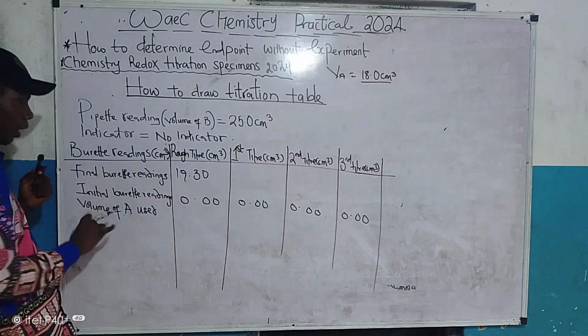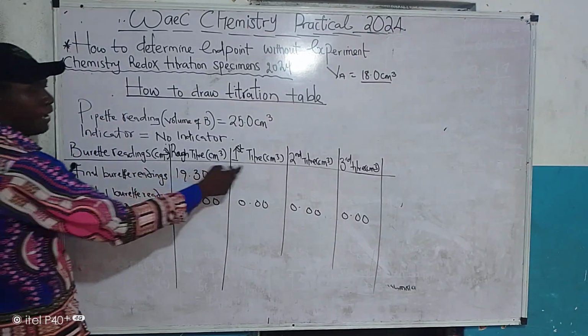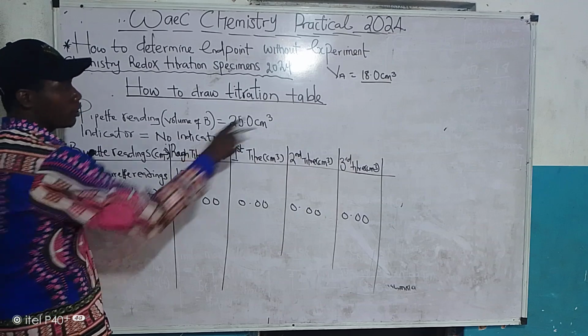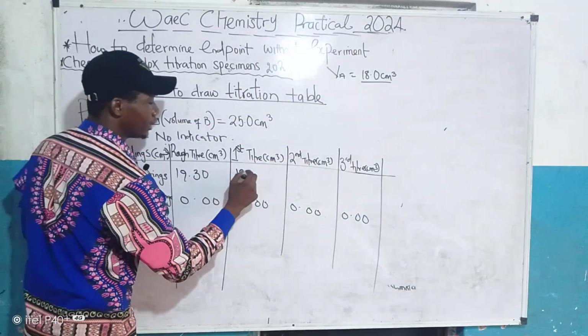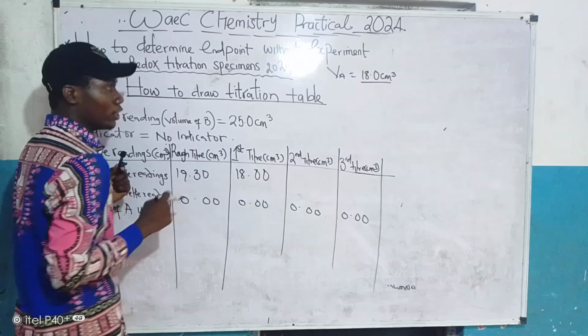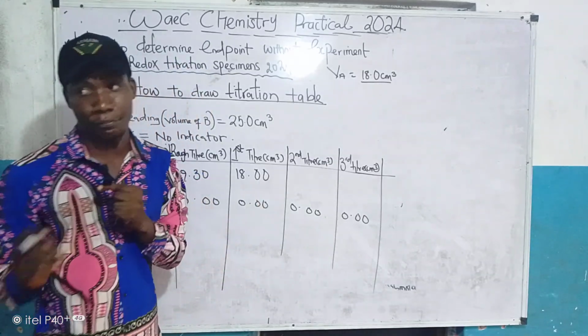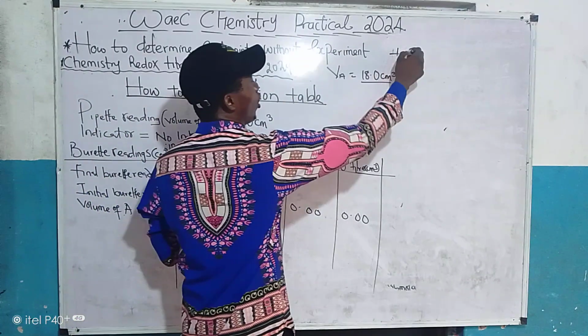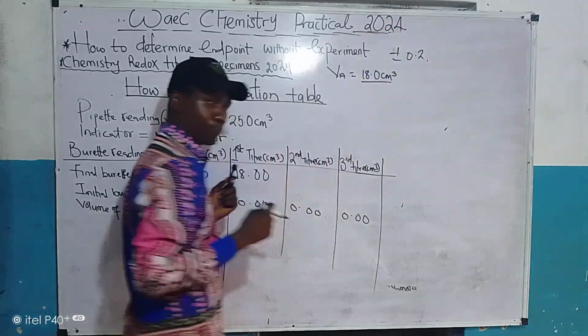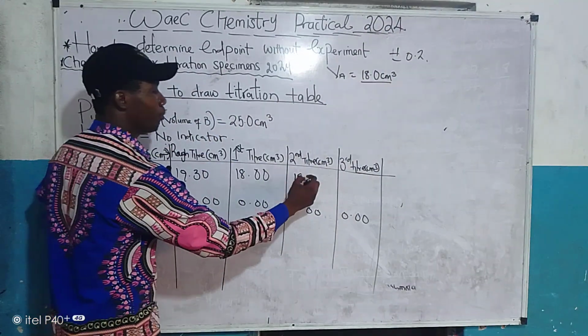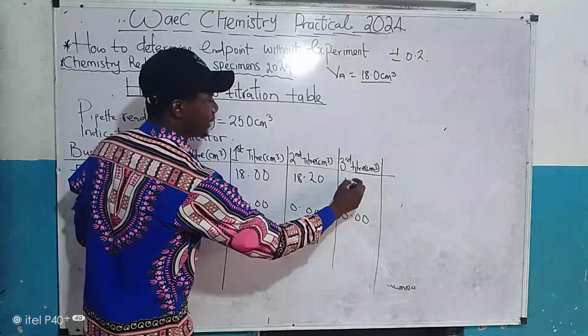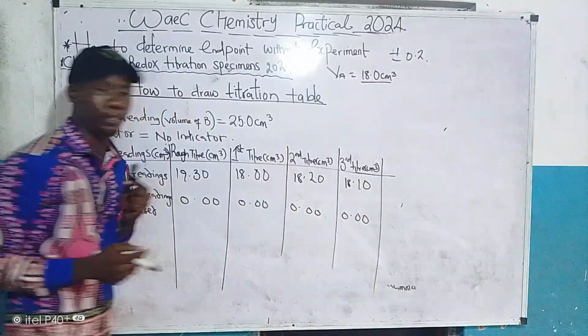If you have done this, what do you have to do? Very easy. First titer, do this. Use your first value, 18.00. Second titer, remember that the difference should be plus or minus 0.2. So you can put 18.20, 18.10. You can do that.